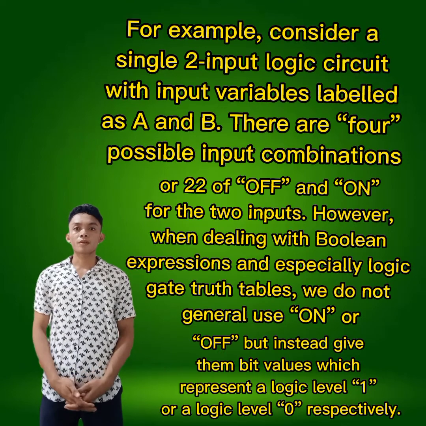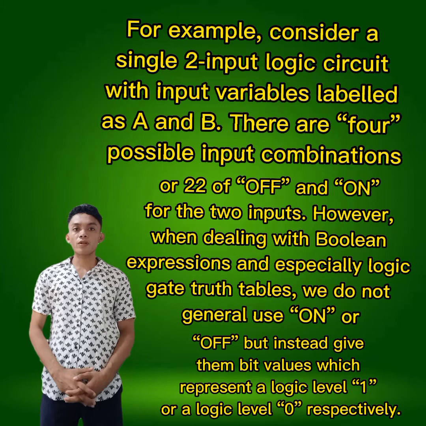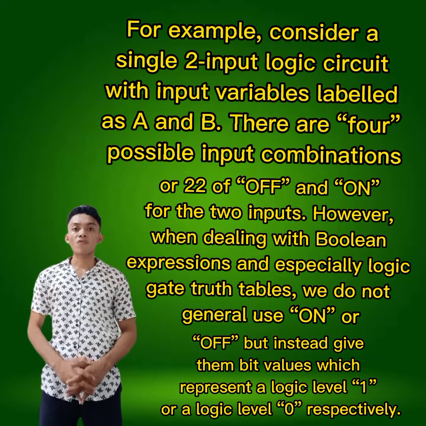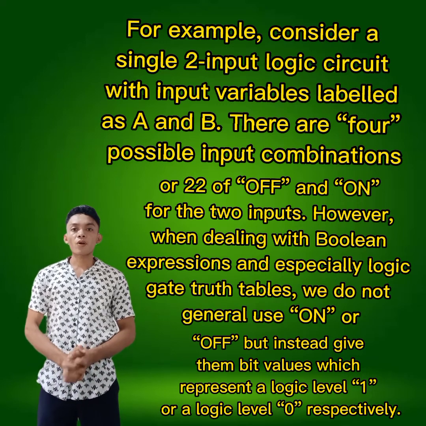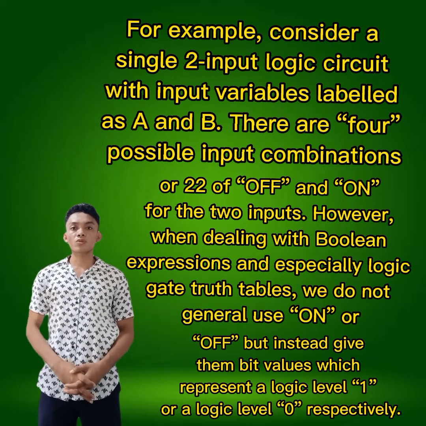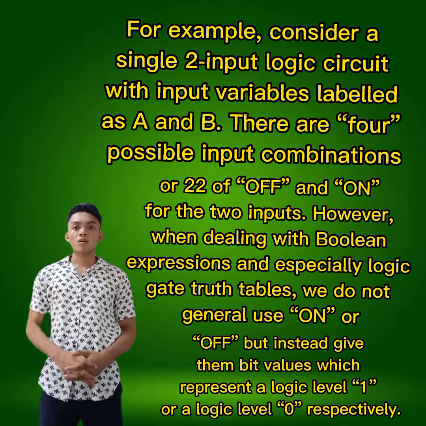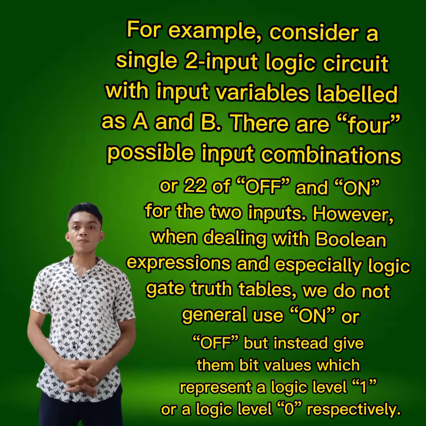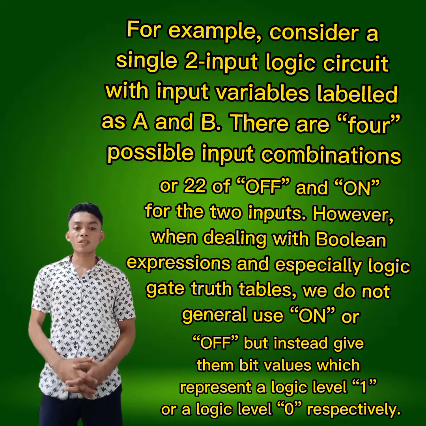For example, consider a single 2-input logic circuit with input variables labeled as A and B. There are 4 possible input combinations, or 2 to the power of 2, of off and on for the 2 inputs. However, when dealing with Boolean expressions and especially logic gate truth tables, we do not generally use on or off, but instead give them bit values which represent a logic level 1 or a logic level 0 respectively.